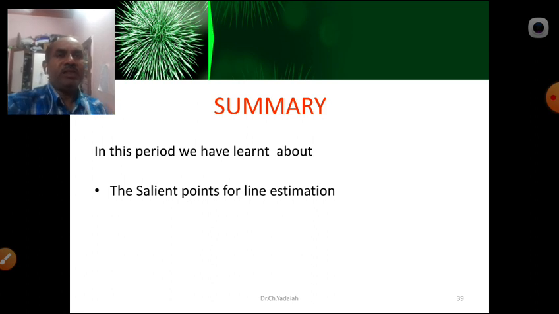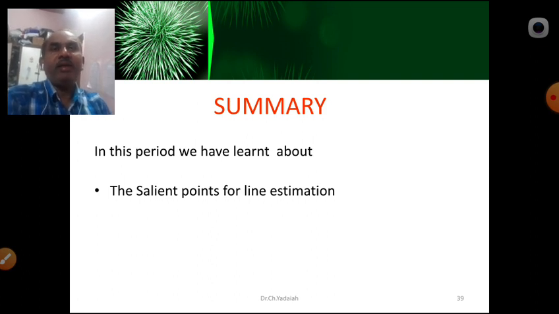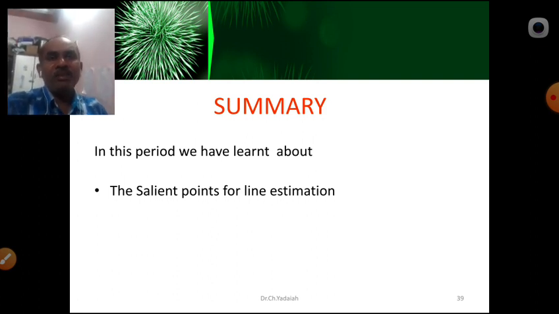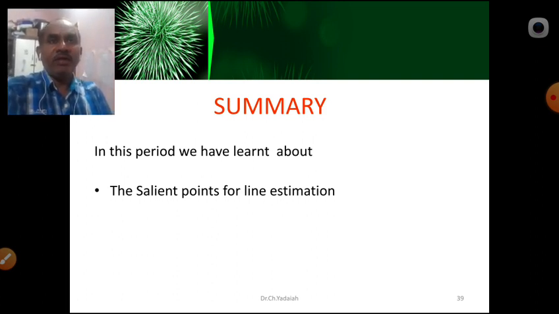So these are the things we have seen in today's class. Let us summarize what we have learned today. Today we have learned how to estimate a given 11 kV line based on its requirement, whether the line is a simple straight radial feeder, or may turn at different places, or may require cut points.